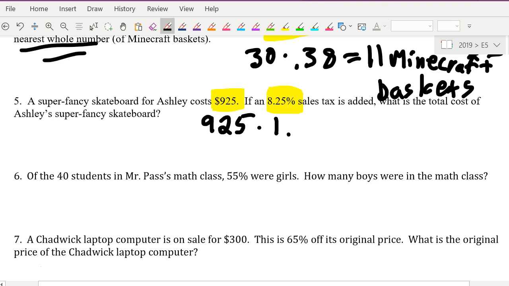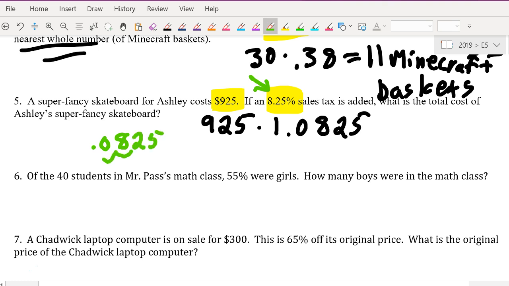Because we're adding the sales tax. If we were finding 8%, we would write 0.08, right? But since it's an extra 0.25, it would have ended up looking like 0.0825.